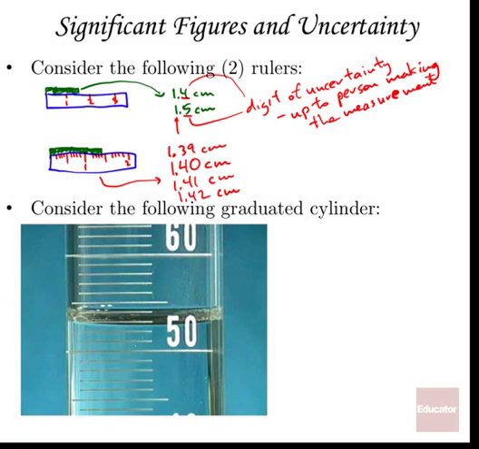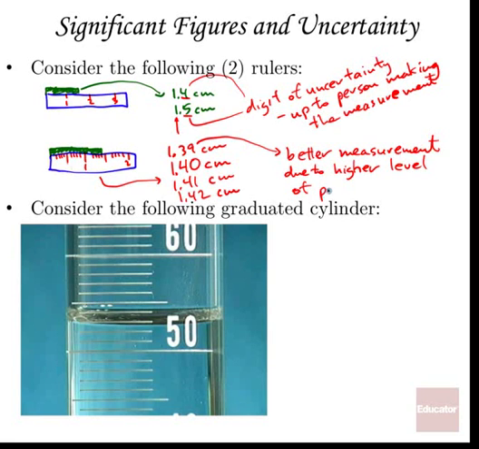Because of the tick marks, we can go one digit more and provide a better measurement, due to a higher level of precision.